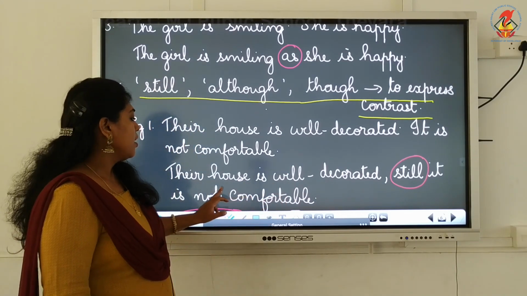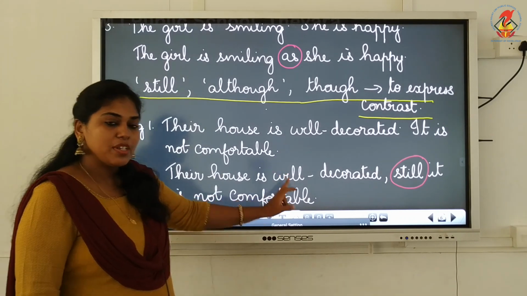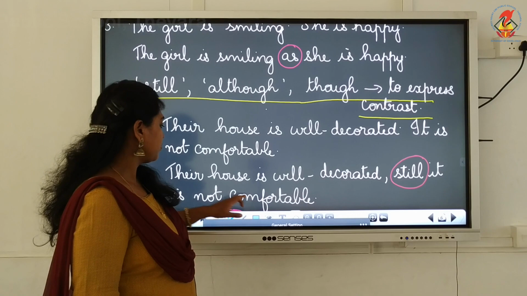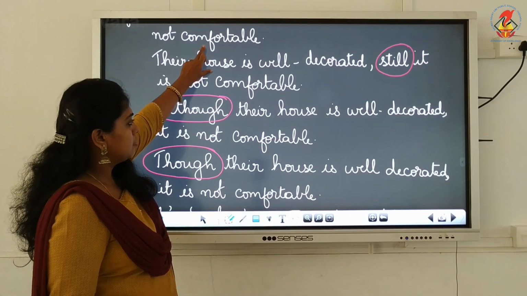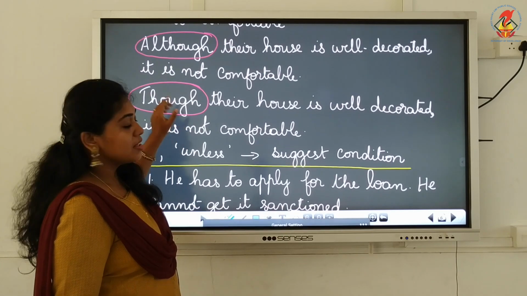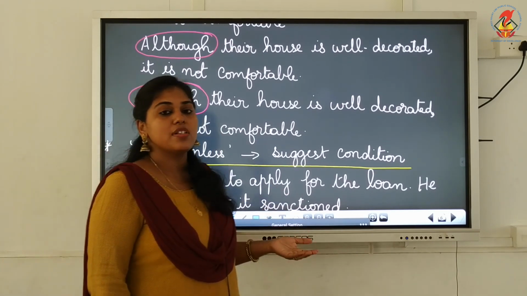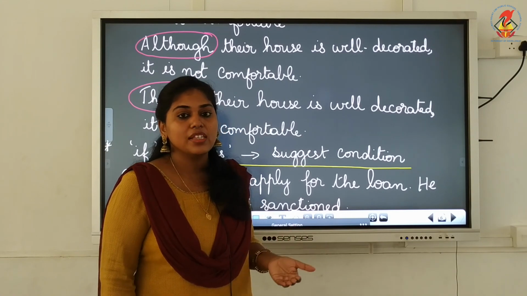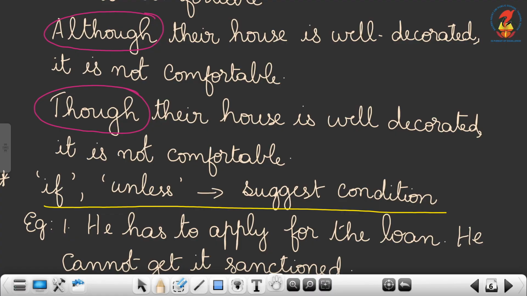Okay, so that is a contrast. So we have combined using the conjunction still. The same sentence we can write using the conjunction although. Although their house is well decorated, it is not comfortable, and you have to put the comma also. Okay, don't forget about that.